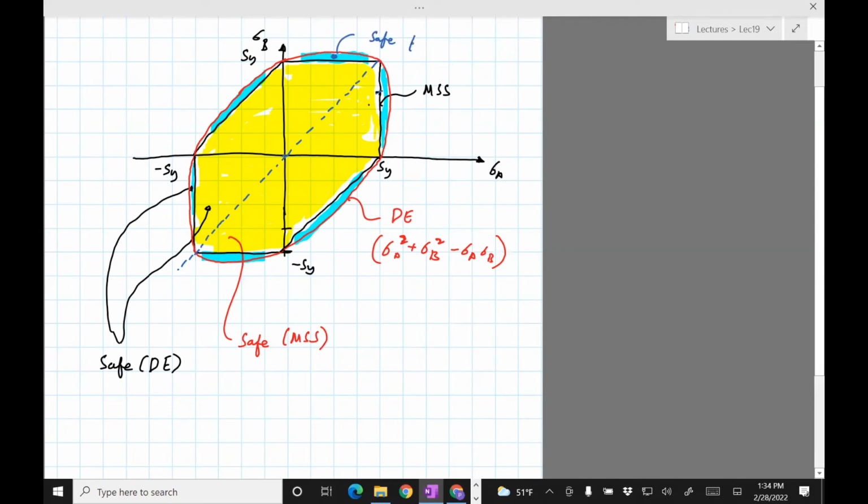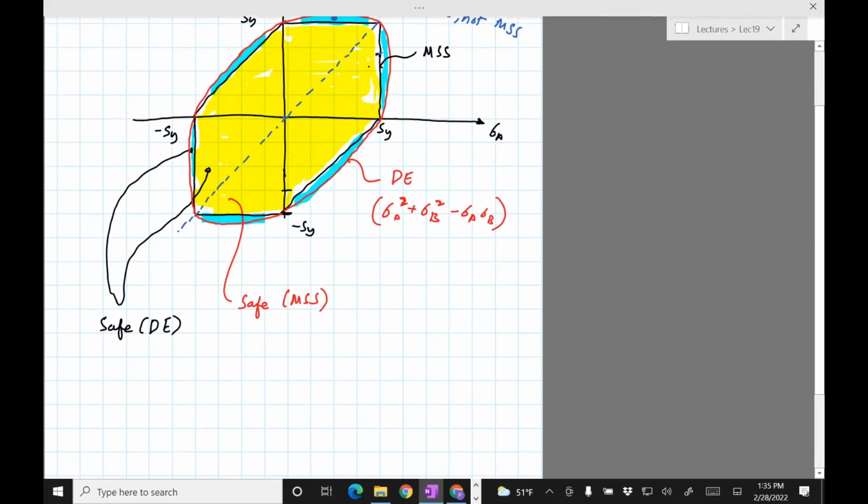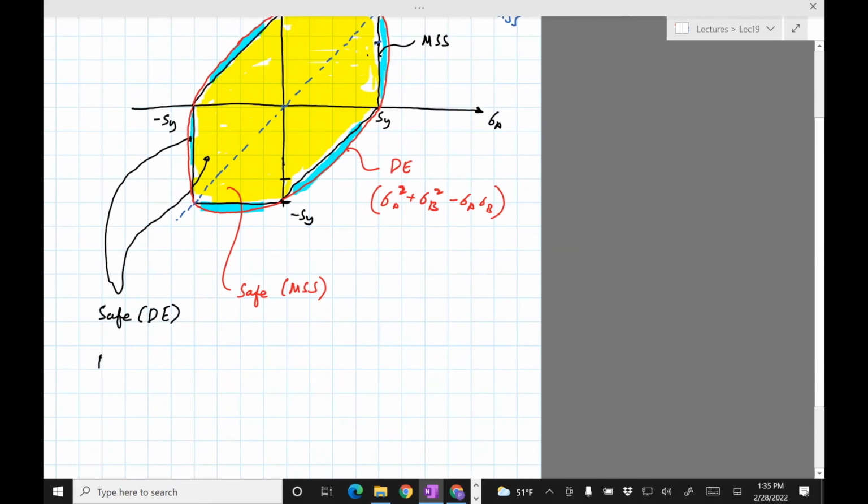Safe for DE, not MSS. So the MSS says that the part will fail there, but DE is saying it will not. And that's why MSS is more conservative of the two. So MSS is more conservative than DE.